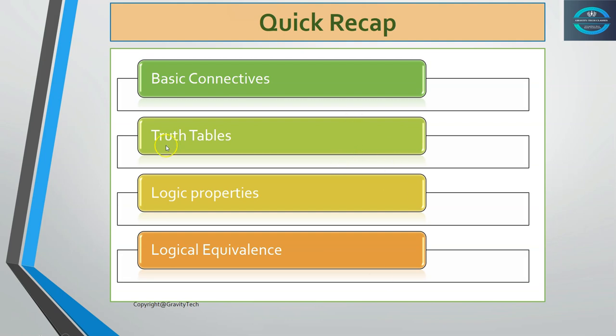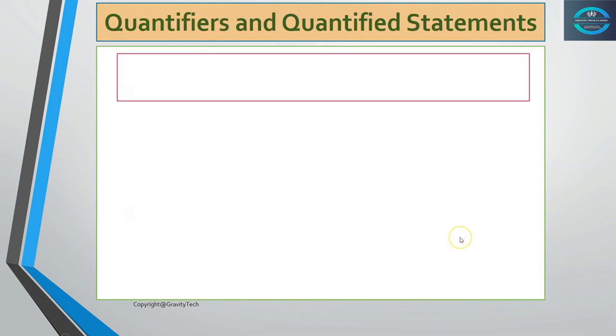We saw some logic properties as well, and then logical equivalence too. Logical equivalence means when two compound statements have the same truth table, they are logically equivalent statements. Now let's look at what quantifiers and quantified statements are.